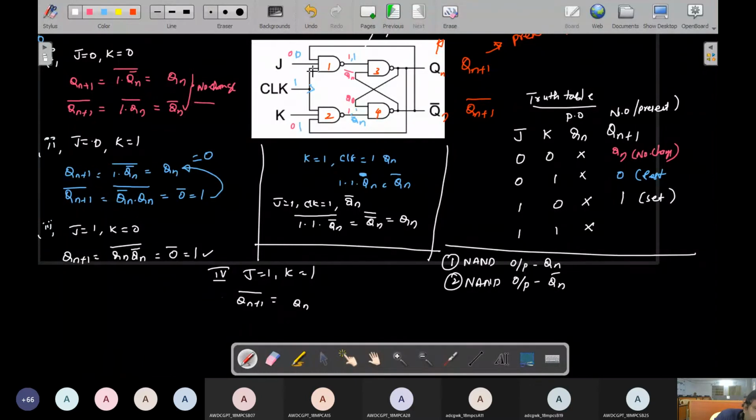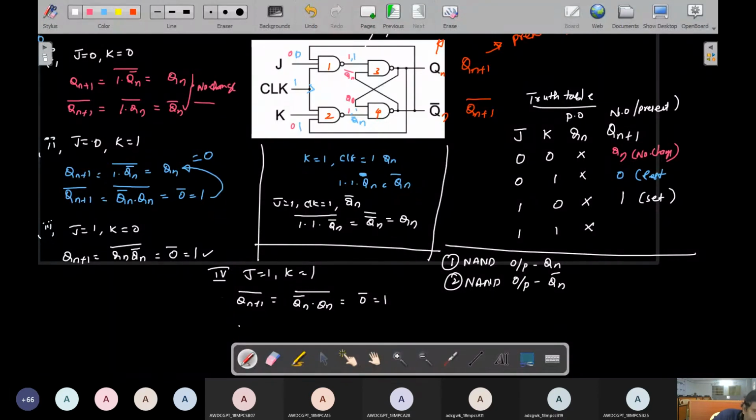If j is equal to 1 and k is equal to 1, you will get Qn bar. So this is actually Qn bar. Qn bar into, this complementary is nothing but Qn. So simply Qn whole bar, so this is 0 bar, you will get 1. In the complementary port, you will get 1.